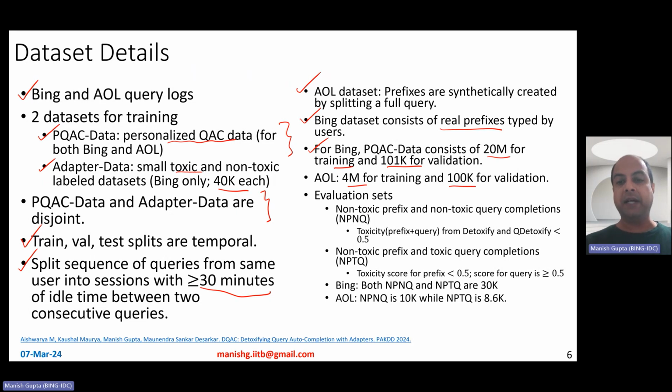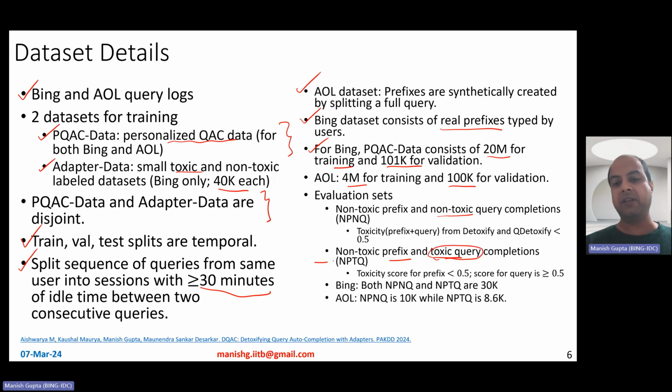Our evaluation is done on two kinds of data sets, where the query auto-completion could be non-toxic or toxic. Of course, users type toxic queries also. So for our evaluation, we take toxic queries also, where the prefix is non-toxic in nature, and try to see if our model can generate the non-toxic completion rather than generating toxic query auto-completion.